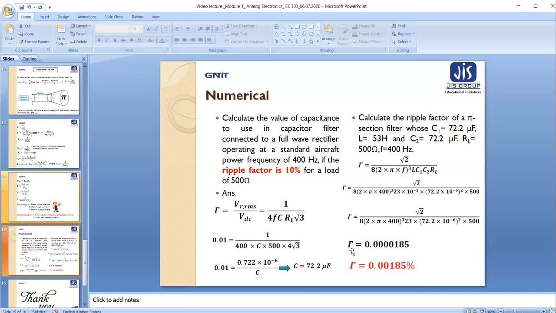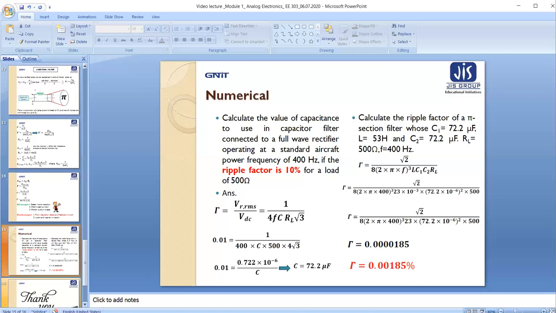We will calculate the value of the ripple factor as 0.00185%. So see, in the previous case it was 10%. Now in this case it is very much smaller. So using the same component values but changing the circuit, we drastically change the ripple factor value.